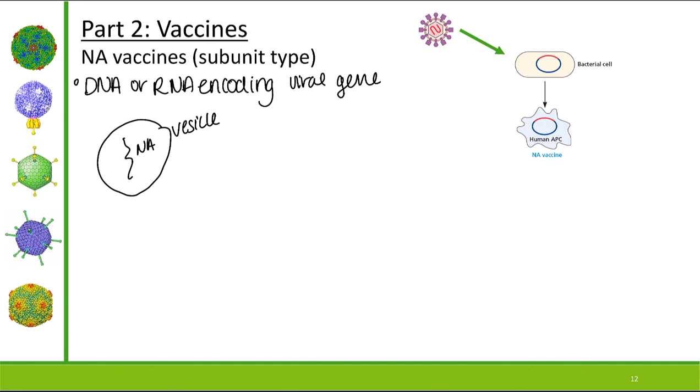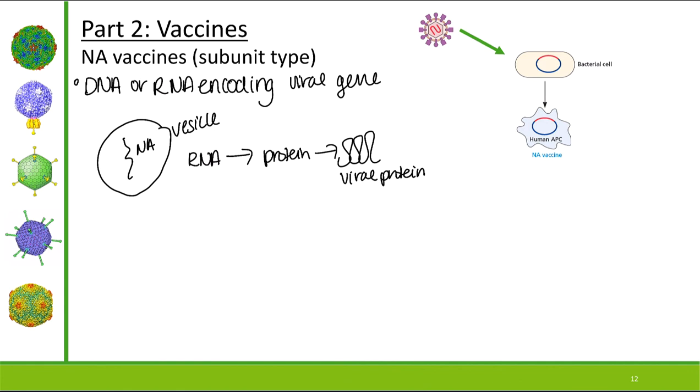And so of course the thought is, for example, if you are delivering RNA, that RNA gets into the cell and of course will be translated into protein, which will get folded, and then you'll have the viral protein, and hopefully your immune system will recognize that as foreign, and you'll mount your response, and it'll teach your immune system that way.